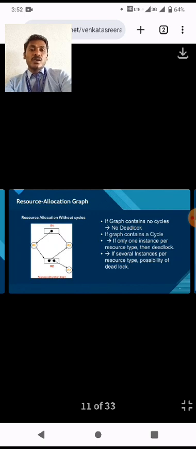So how do we handle this situation, avoid this deadlock, and smoothly run our processes? The resource allocation graph is used for identifying whether there is a deadlock or not. We can easily identify deadlock if a process goes to the blocked state.